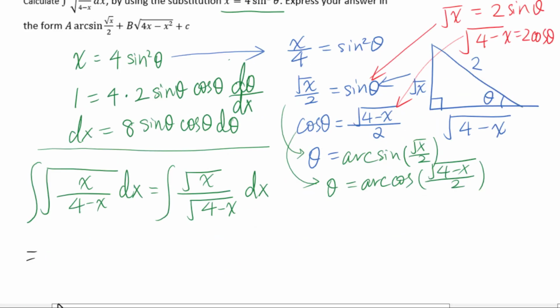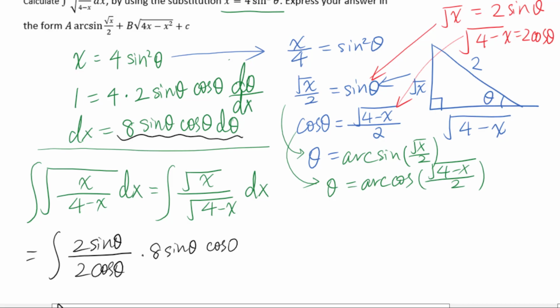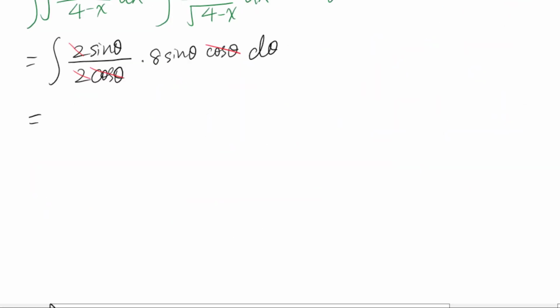So the integral of 2 sine theta over 2 cosine theta times dx equals this 8 sine theta cosine theta d theta. Reduce, equals the integral of 8 sine squared theta d theta.